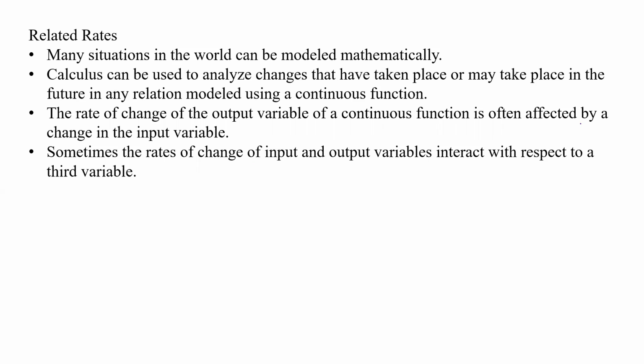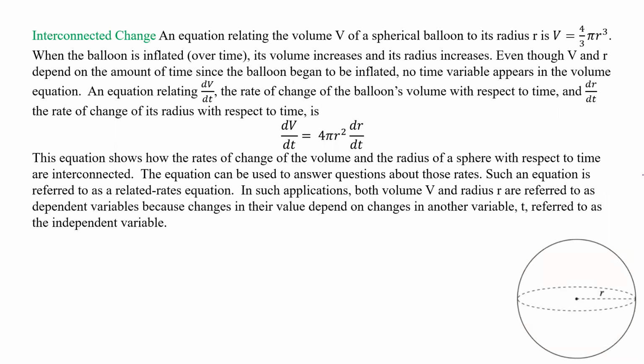Now, this is another similar example here, and it's called interconnected change. We have an equation relating the volume of a spherical balloon, or like a snowball, and that volume is 4/3 pi r cubed. When our balloon is inflated over time, it's getting bigger and bigger, the volume increases.